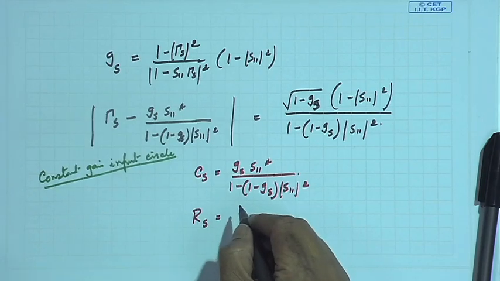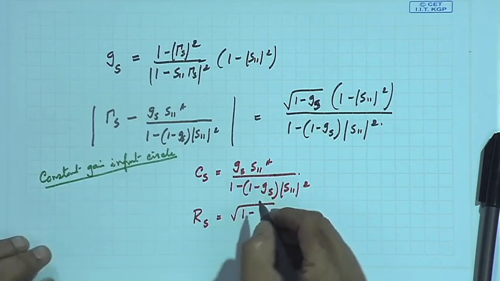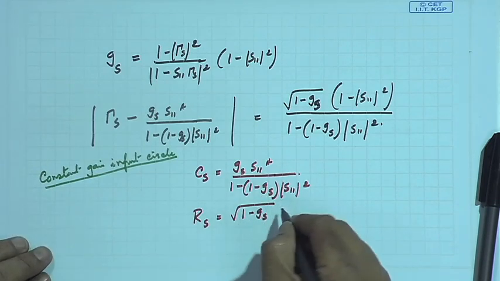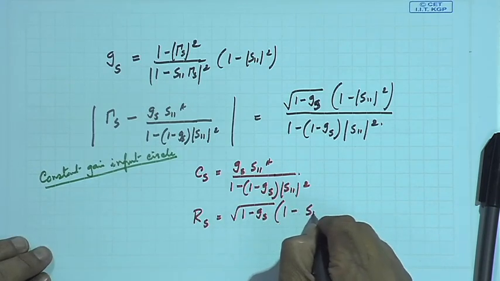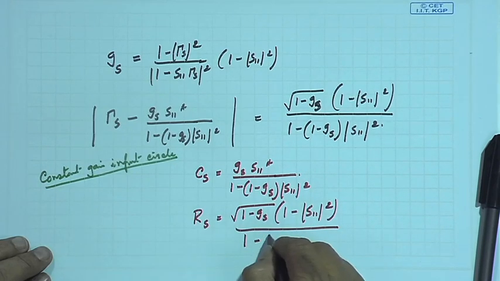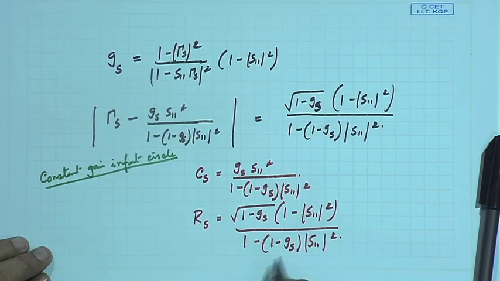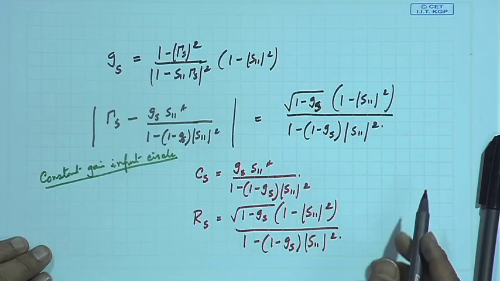Radius will be root over 1 minus Gs, 1 minus S11 square by 1 minus Gs S11 square. Gs is specified, S11 value I know from the S parameter.